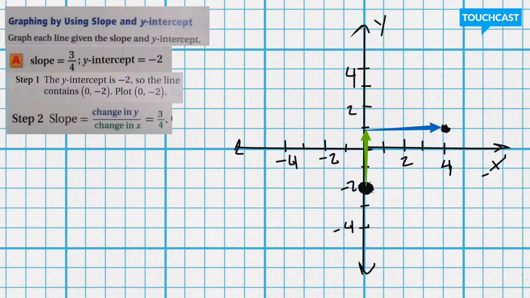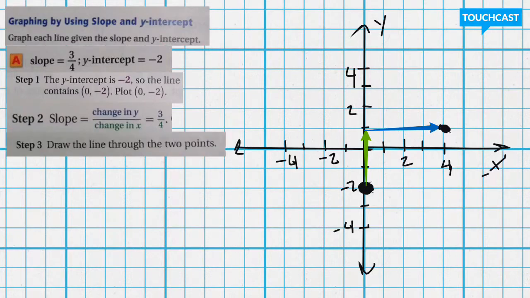Now we can keep continuing this pattern. The more points we plot, the better. But we can actually move on to step 3, which is to just connect those 2 dots. So let's do that. We draw arrows on both ends, and we are done with our first example, 1a.